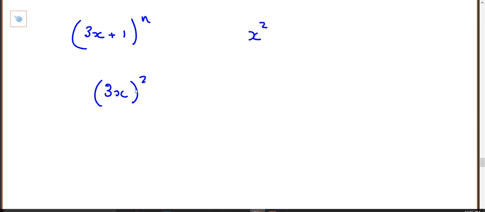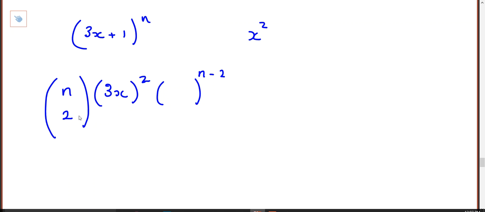I went straight to that point, and I know here it's going to be n, and this number, this would be n minus 2 because they have to add up to n. Now it can either be that one, but because of the symmetry, it could also be that one. So I actually jumped straight to that point.